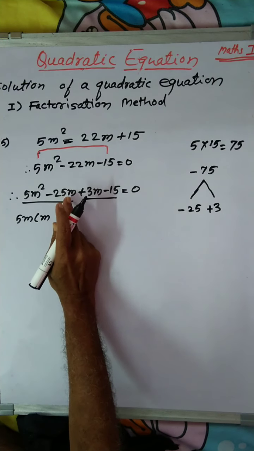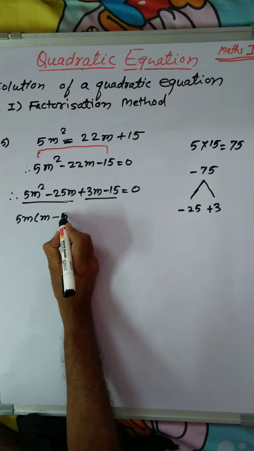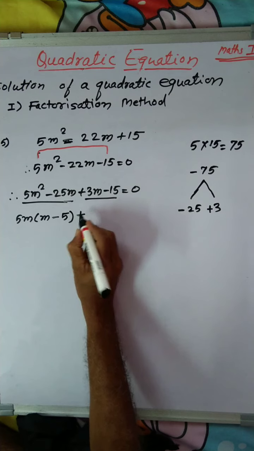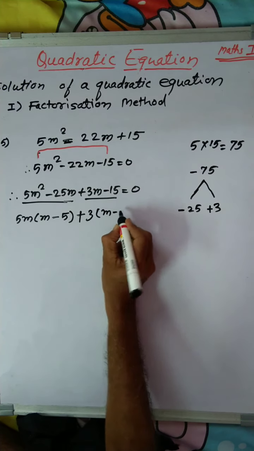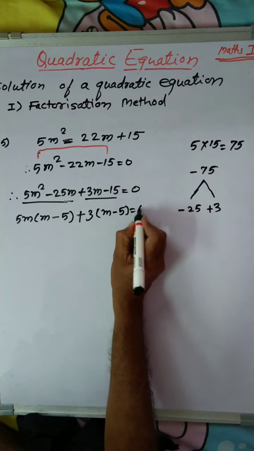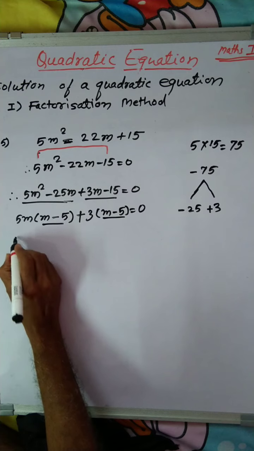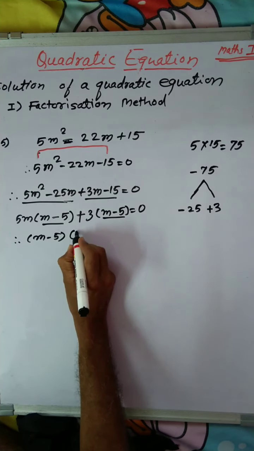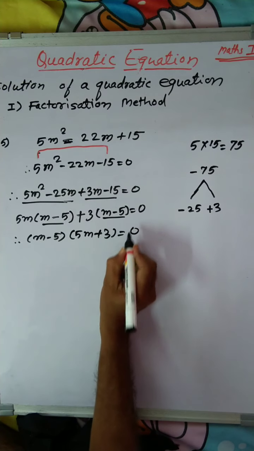Here 25 is equal to 5 into 5, 5 is common, that means 5 is remaining. In the second pair, 3 is common. Into bracket m minus 5 is equal to 0. The brackets m minus 5 and m minus 5 are the same. We take in the first bracket m minus 5 and in the other bracket 5m plus 3 is equal to 0.